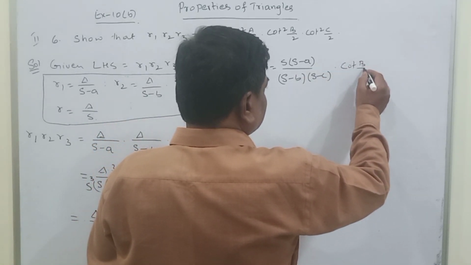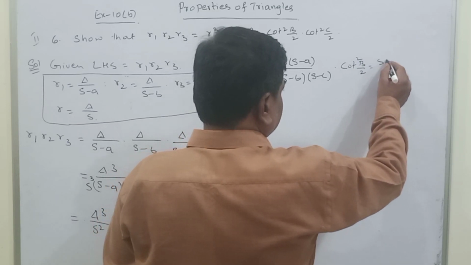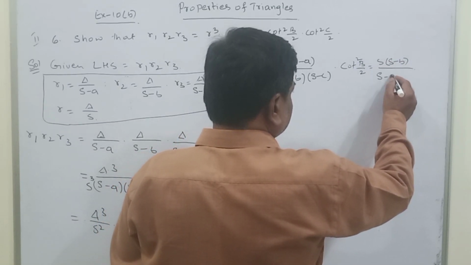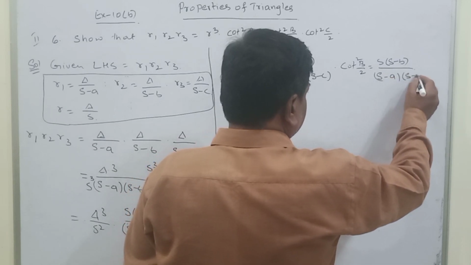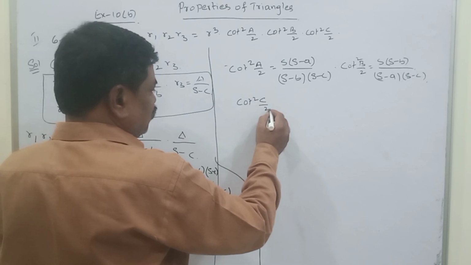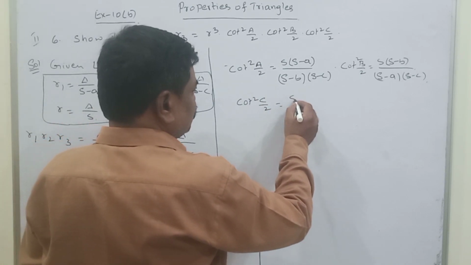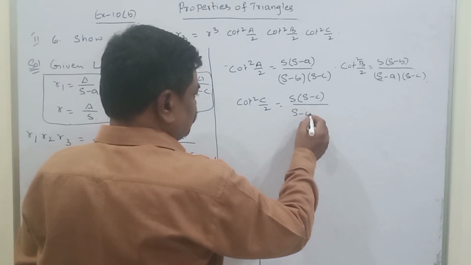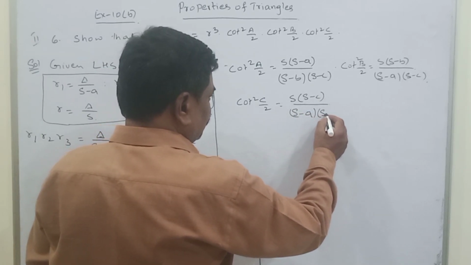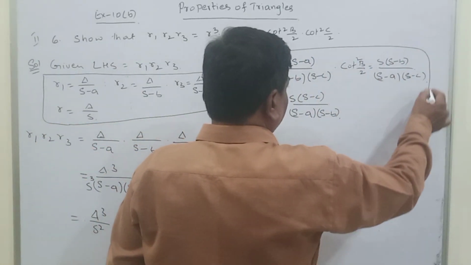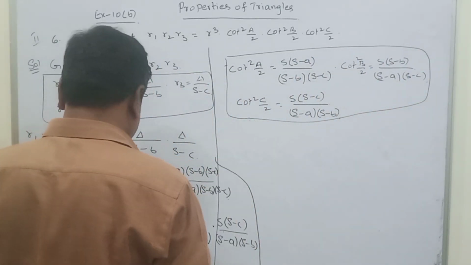Similarly, cot square B by 2 is equal to S into S minus B by S minus A into S minus C. Cot square C by 2 is equal to S into S minus C by S minus A into S minus B. Then you have to apply the formula.